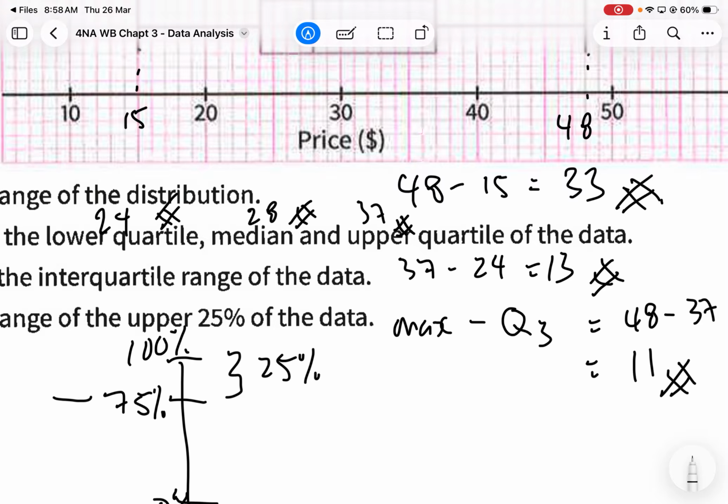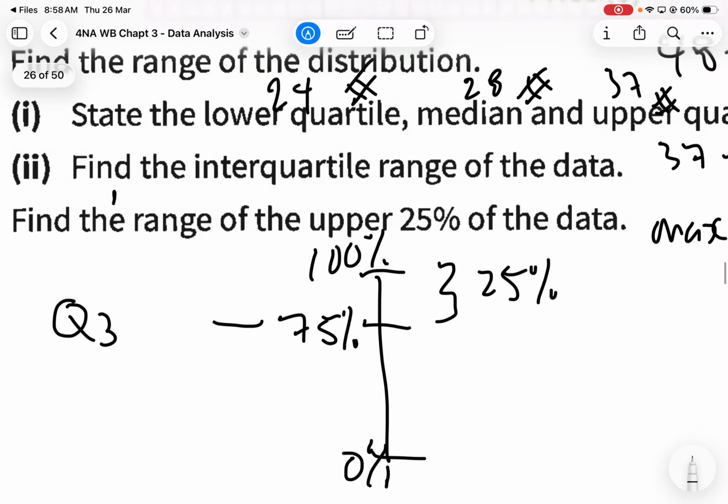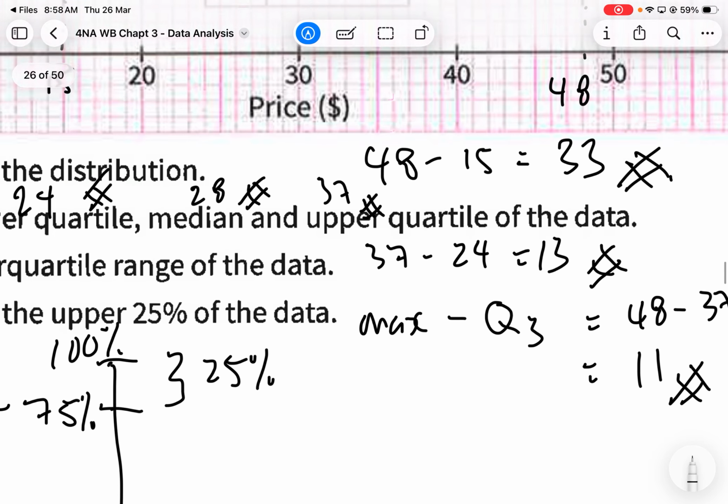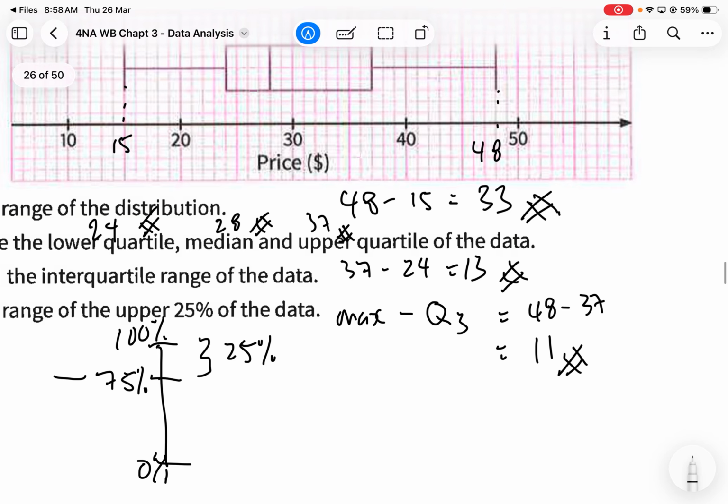Then the upper 25% means between 75 and 100, which is why we take the maximum, 48, then minus away the upper quartile, 37. This is the challenging part of this question. They want you to know that the upper 25% refers to Q3 until maximum. Follow? Can?